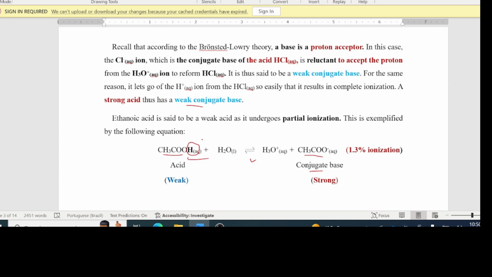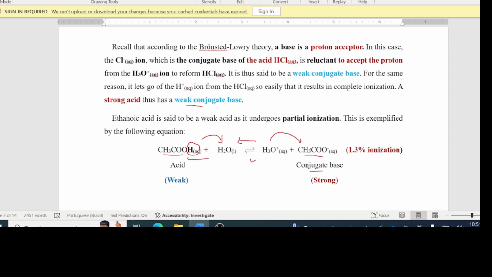Watch this. In the forward reaction, water is unwilling to take this hydrogen here. Or you can say this guy is unwilling to produce the hydrogen. In the reverse reaction, where this guy is going to try to donate the hydrogen to that one, that reaction going back that side, the ethanoate ion is willing to accept the H plus ion.